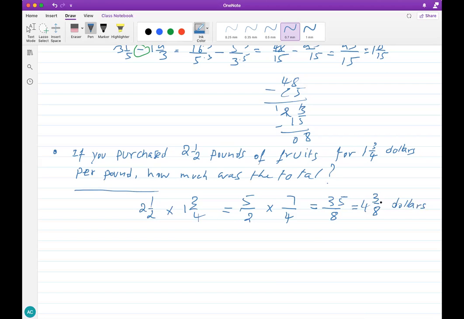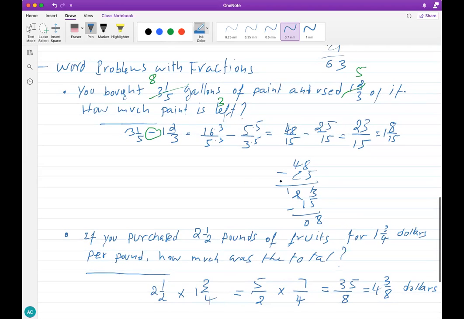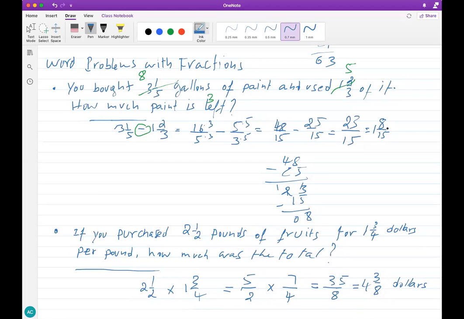Okay, when you have a word problem, you do want to add the unit at the end. So here we have gallons. I believe the abbreviation for the unit is GAL.